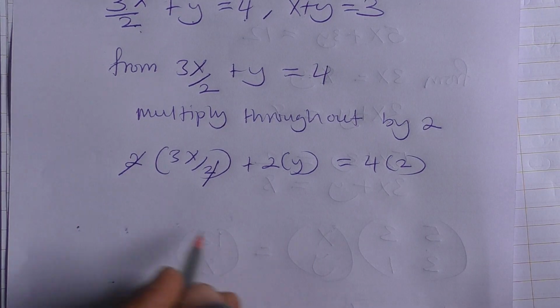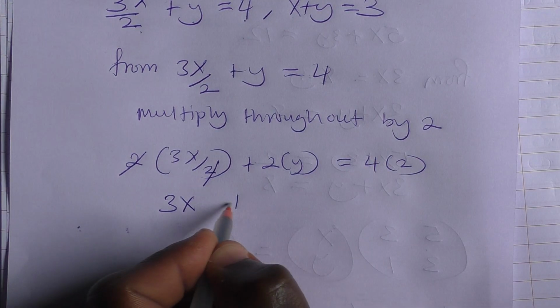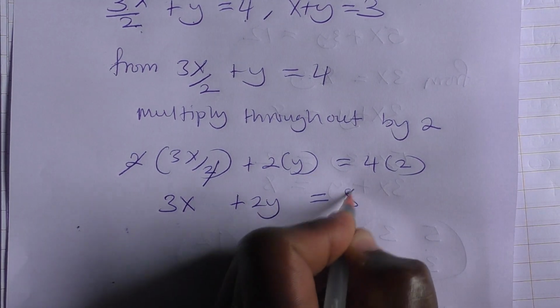This cancels with that to give us 3x plus 2y equaling 8.